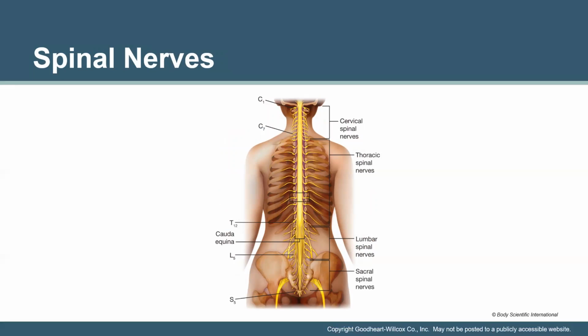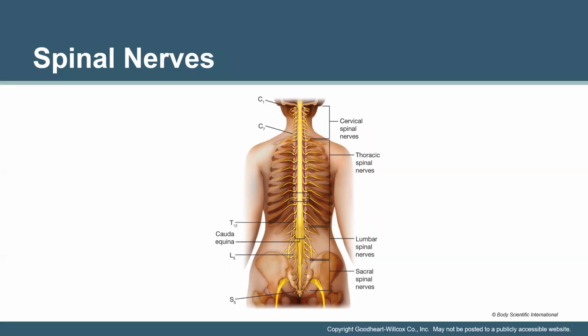Then let's talk about spinal nerves. You have 31 pairs of spinal nerves, which will come off of the cord in pairs. So you have to remember your vertebral levels. Your cervical region is your neck, your thoracic region is your thorax, and then you have your lumbar region, which is your lumbar spine, and then your sacral region, or your sacral nerves.